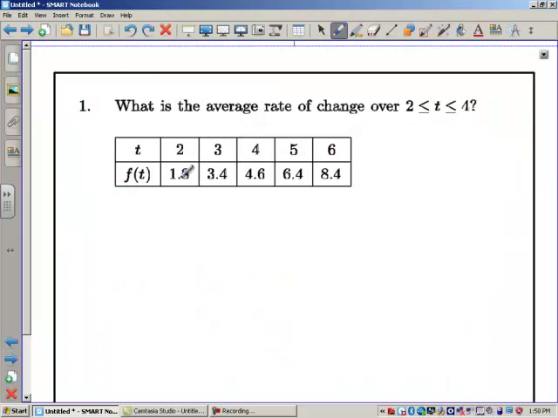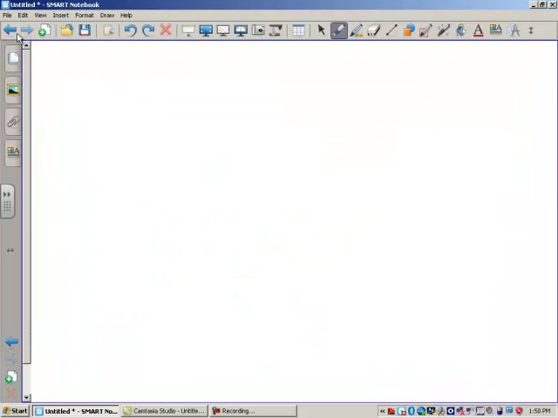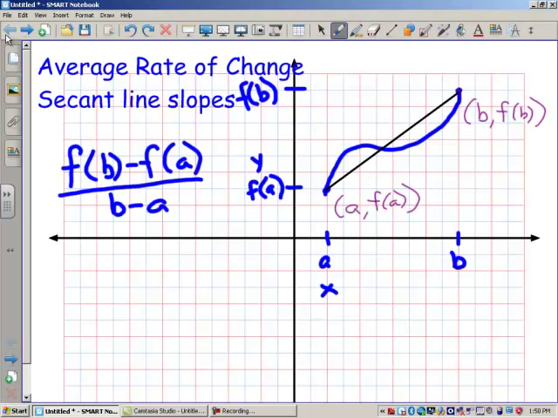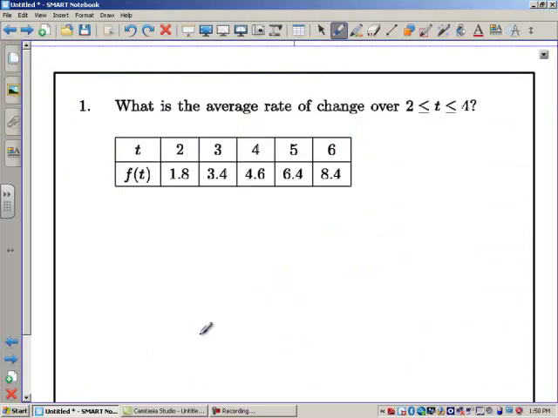Let's go take a look at a physical example here. Let's do a real easy one out of a table: the average rate of change over 2 to 4. Here I've just got a little box. It's got some times, 2, 3, 4, 5, 6, and f of those times.